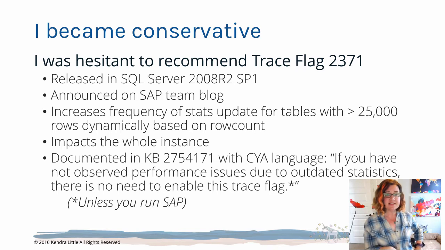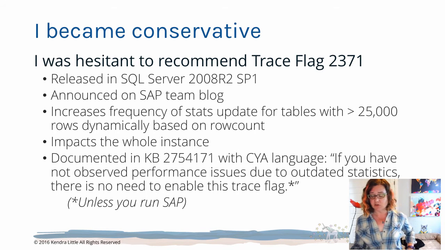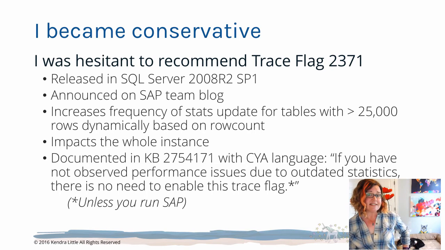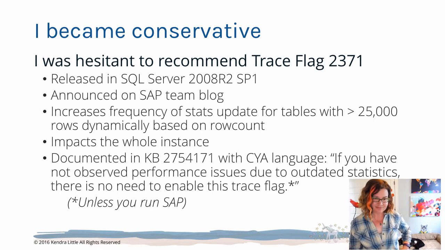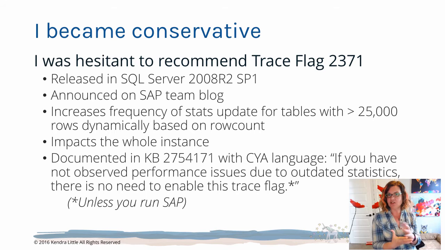I became hesitant to recommend newer things that came out. Trace flag 2371 came out in SQL Server 2008 R2 SP1. It was announced on the SAP Teams blog, the part of SQL Server that supports SAP. So you can imagine that they were very interested in the fix.